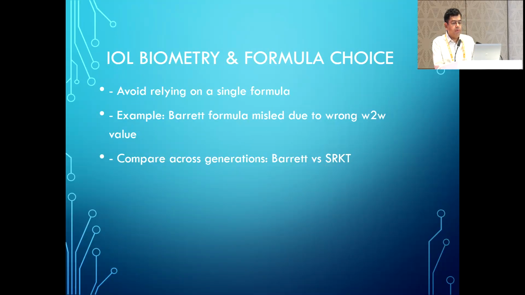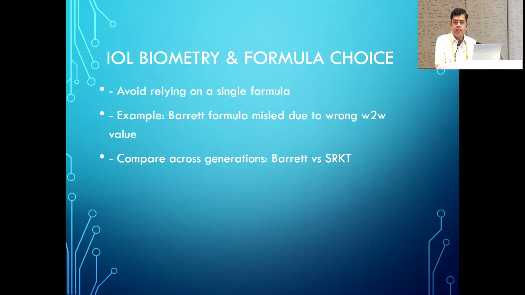When you look at the biometry, I don't want to emphasize that you need to have a good biometry, but one thing which I found was that never rely on a single formula. Even with the good high-end optical biometers we have today, what happened to me was a patient in whom the Barrett formula gave one value and the SRK/T gave another value.